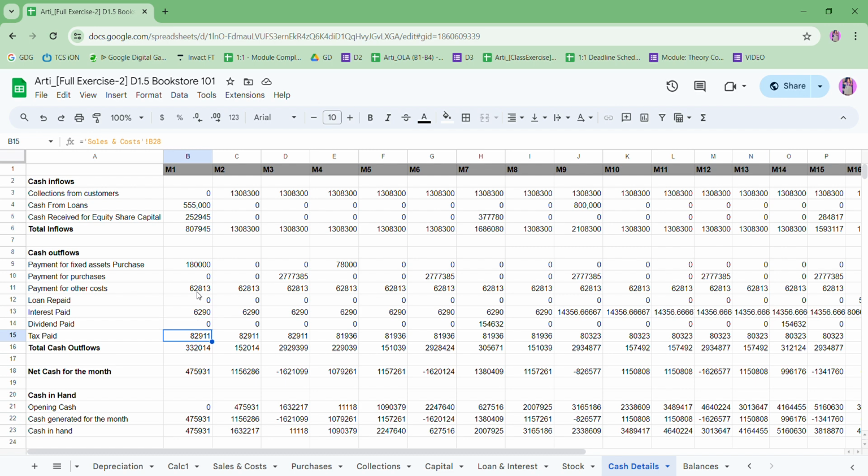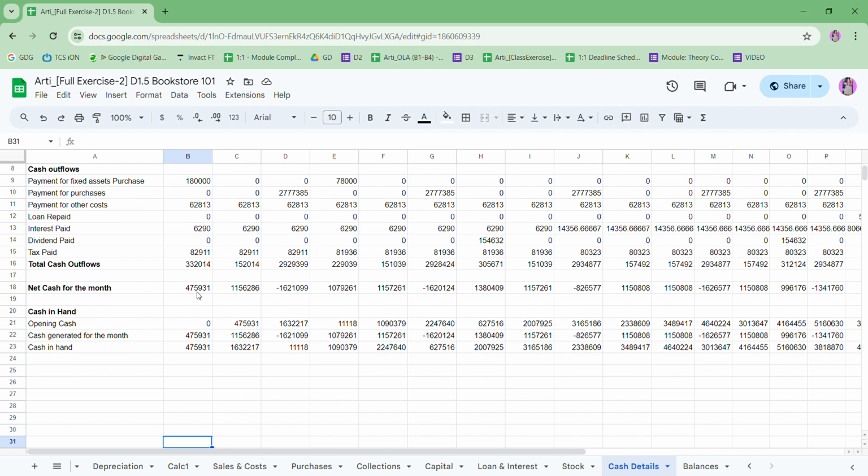Tax paid is from the sales and cost sheet. So we have calculated our total cash outflow this way. Then net cash for the month is calculated by deducting cash outflow from the inflow. So we got the net cash for the month, and then we have calculated our closing cash in hand.